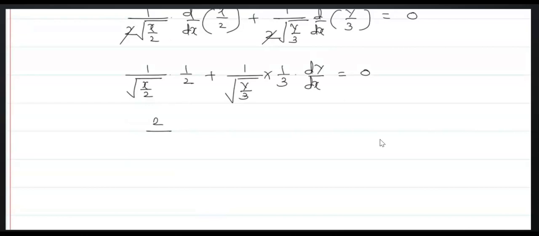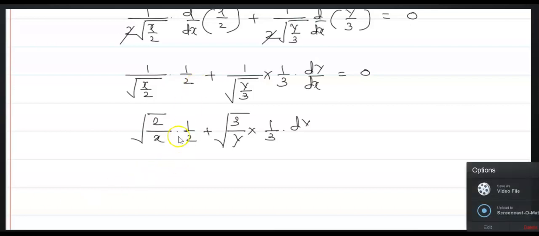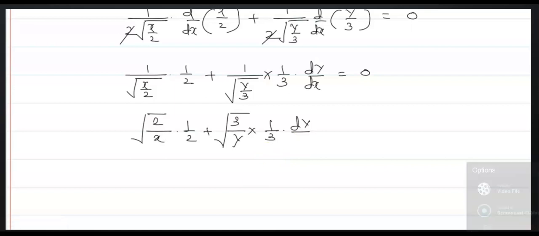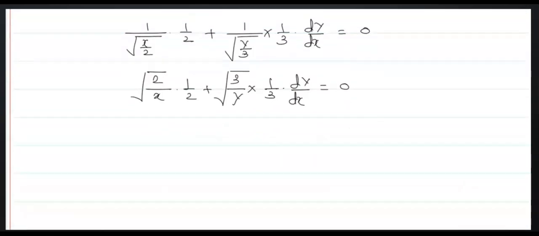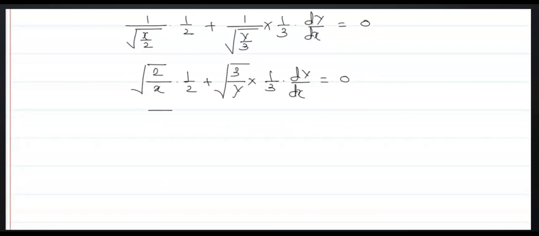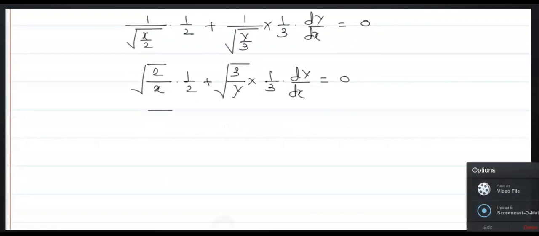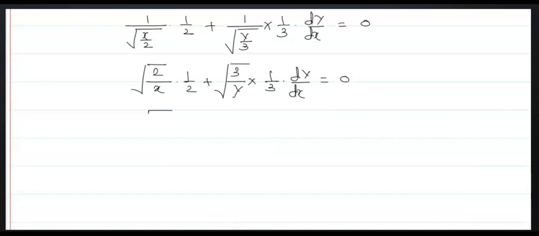And therefore this can be written as root of 2 upon x into 1 upon 2 plus root of 3 upon y into 1 upon 3 into dy by dx is equals to 0. Now see this term. Now we will find the value of dy by dx.